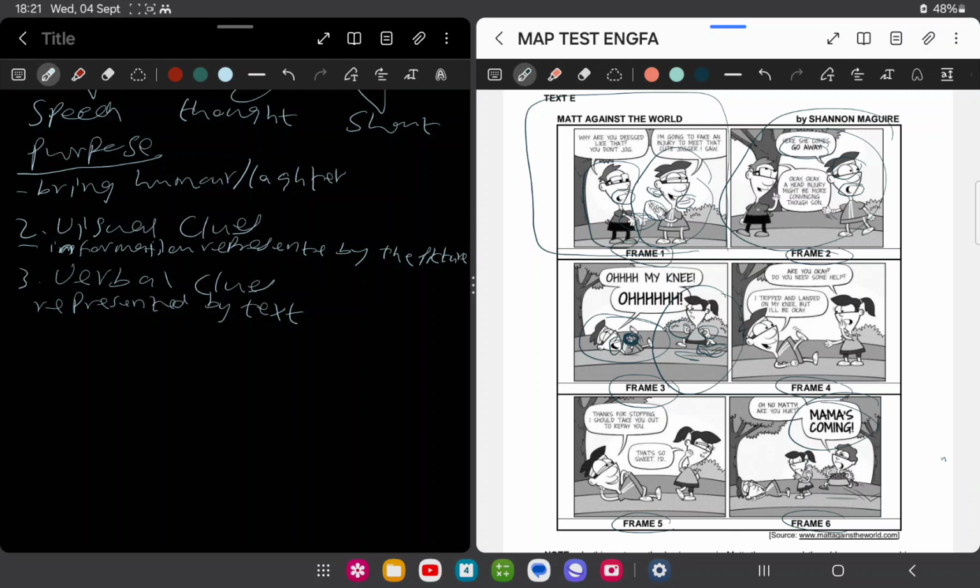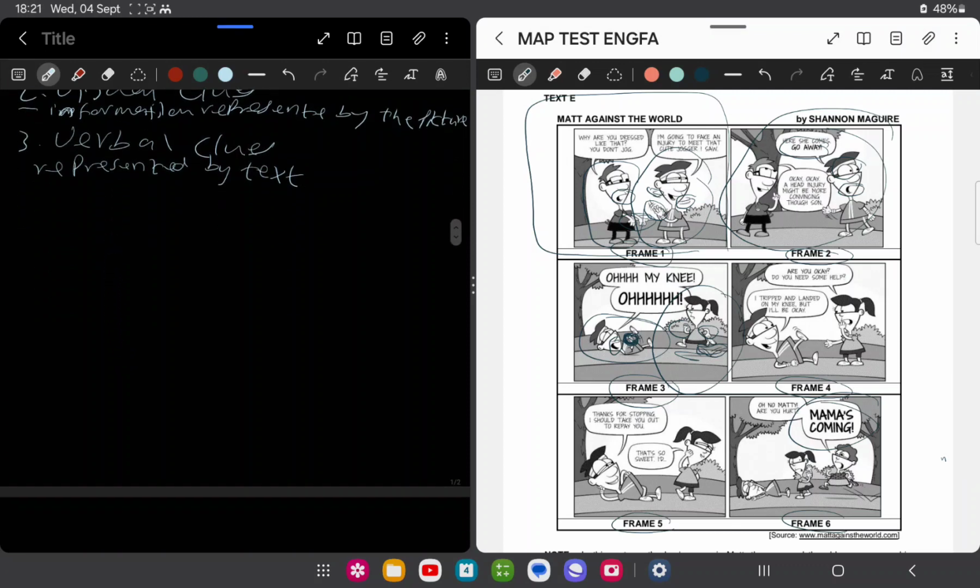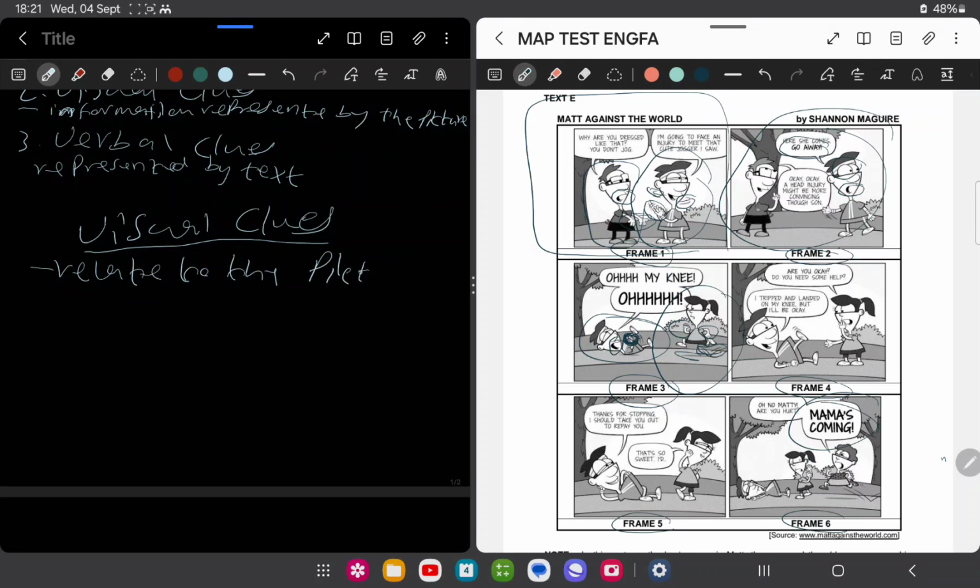Then how do we see visual clues and verbal clues? Let me start with the visual clues. How do I see them? You have to relate to the pictures.